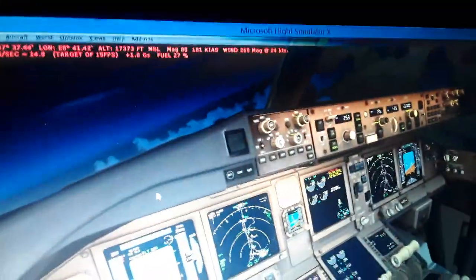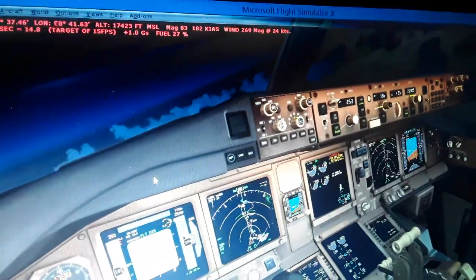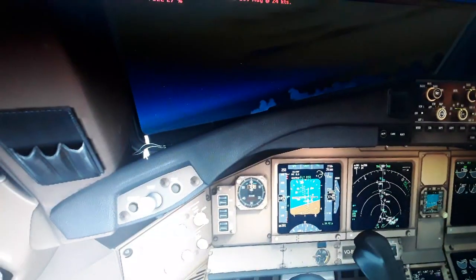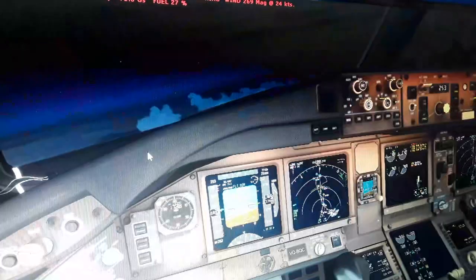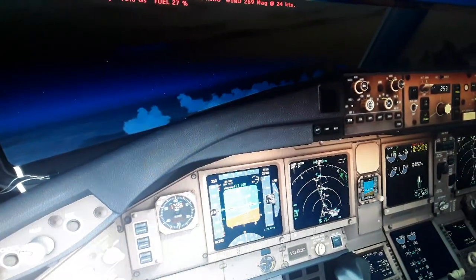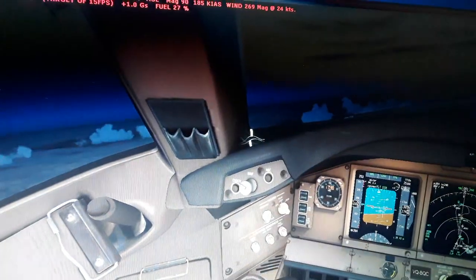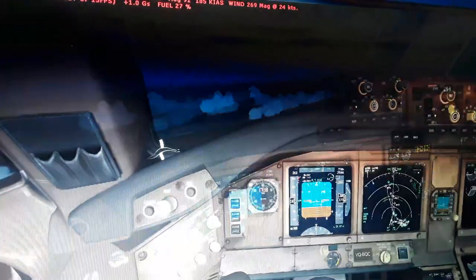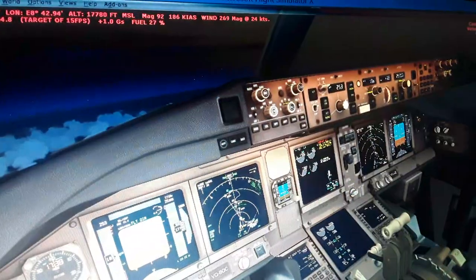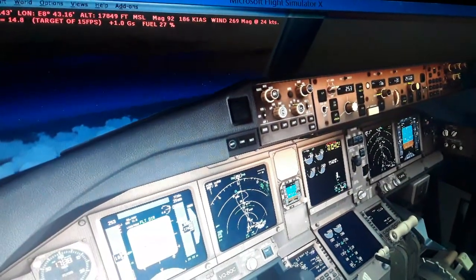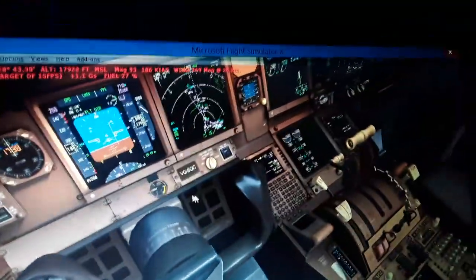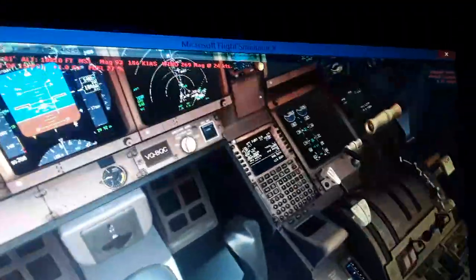Keep climbing. We have like 12 more minutes left for this flight. So we need to intercept this waypoint now.